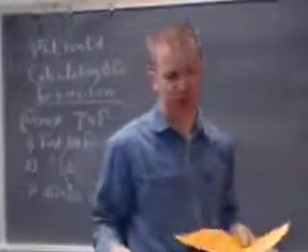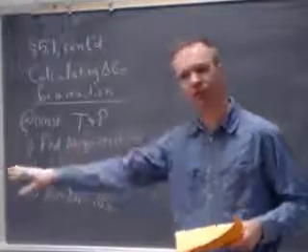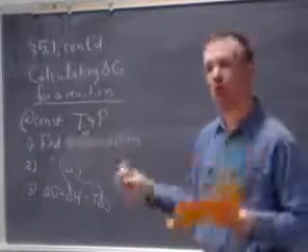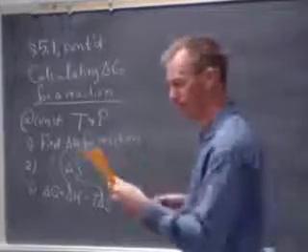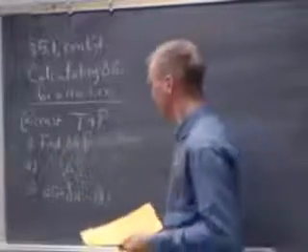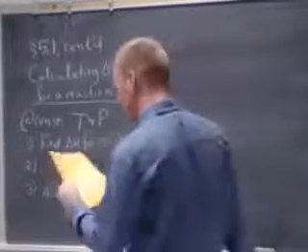That lets you find the Gibbs free energy. And once you've found the Gibbs free energy, that lets you know either how much energy you've got to put into the system to make the reaction happen, or how much energy you get out of the system if the reaction happens naturally. Remember, systems always like to go to minimize their energy state.